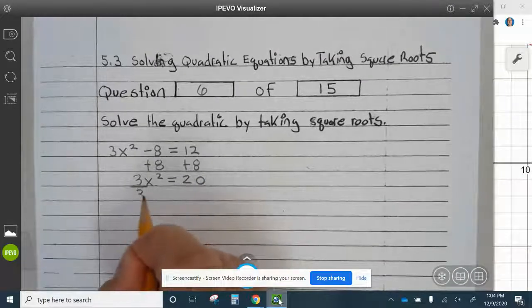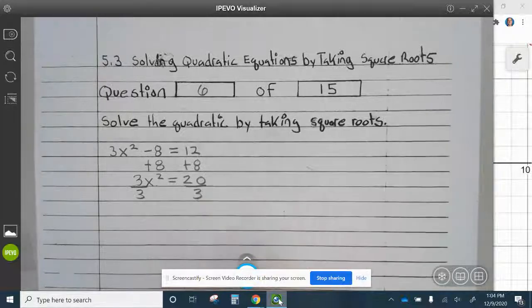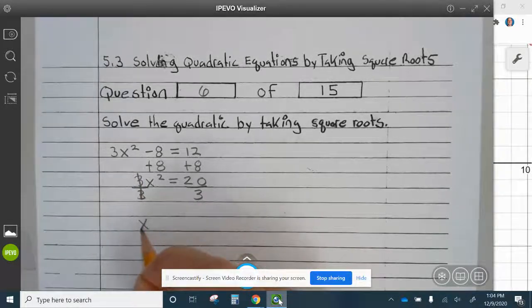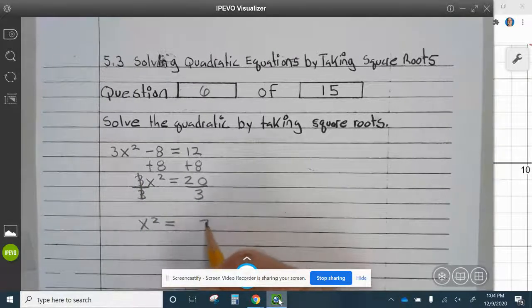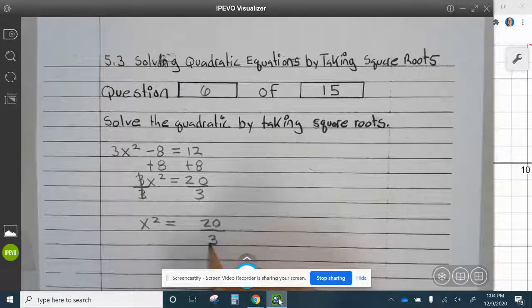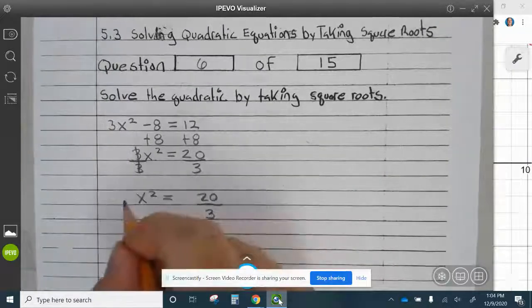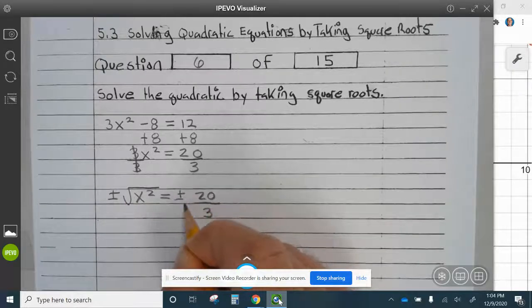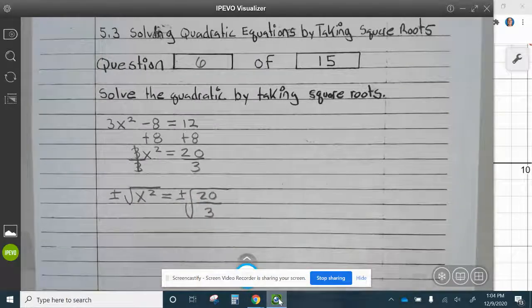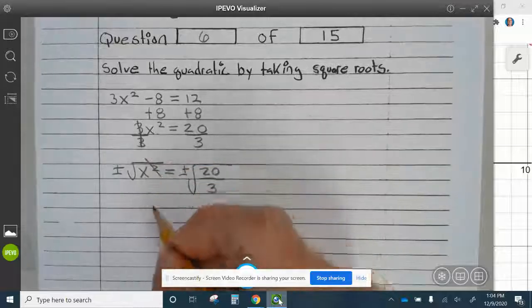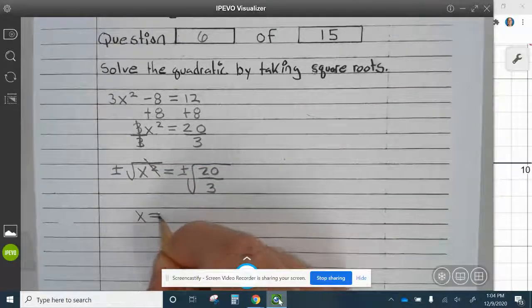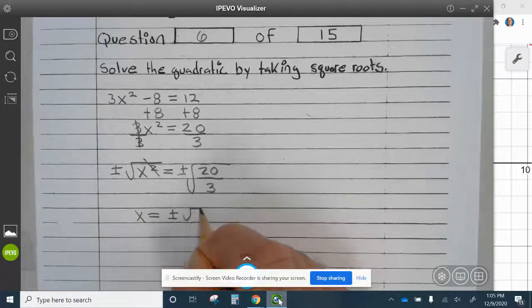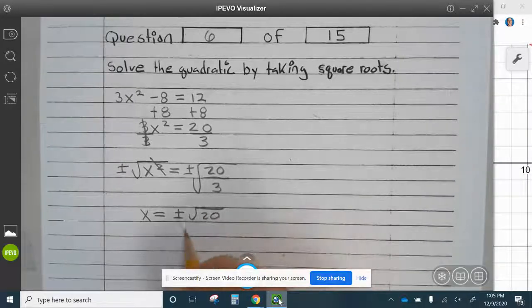Divide both sides by 3, so you get x squared equals 20 divided by 3. Take the square root of both sides, plus or minus. Then that cancels, and you're left with x equals plus or minus the square root of 20 divided by the square root of 3.